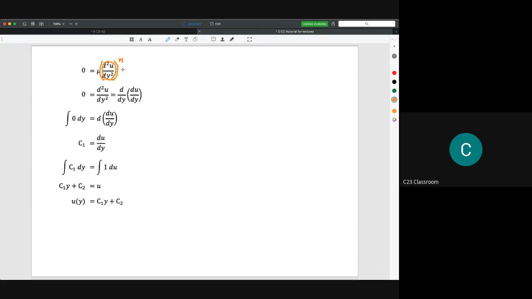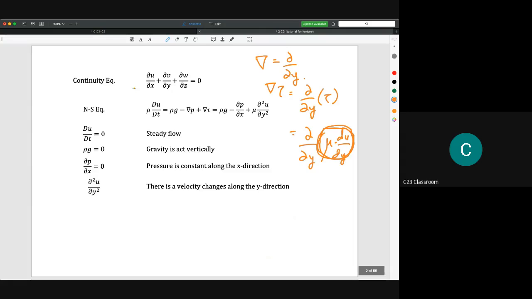Please be careful about this, because this does not reflect the idea. The del over del y here, the first d dy, reflects the meaning of nabla, and the second du dy here is reflecting the meaning of shear stress.